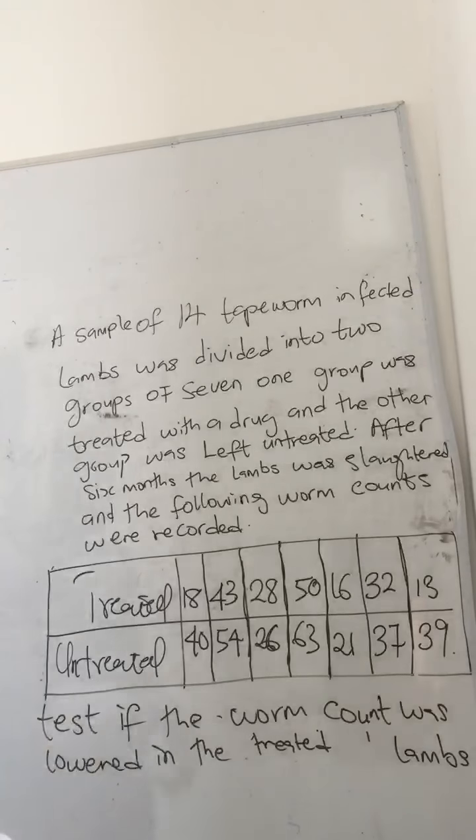So we are testing if the worm count was lowered in the treated lambs. This means that the claim is that the worm count was lowered in the treated lambs.